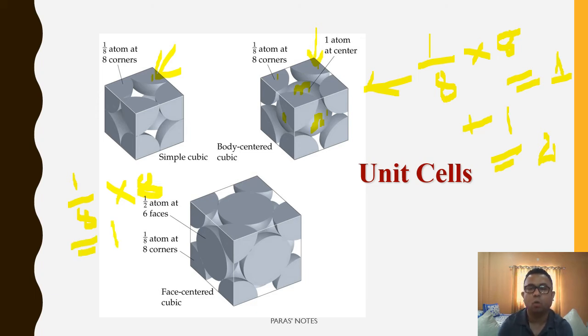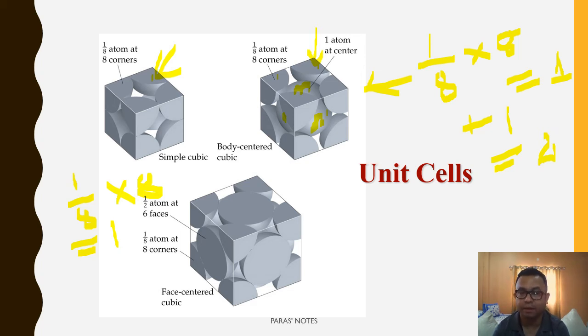Now if you are asked what is the number of particles, or we call it the rank, we are going to see that also a little later. So what is the rank? Rank means the total number of particles present. Then you may say, sir, 8, because we saw 8 in the diagram, but actually it is not 8. One corner is 1/8, so 1/8 into 8 is 1. So the total number of particles present in the simple cubic is 1, whereas in a BCC, or body centered cubic, it is 2.